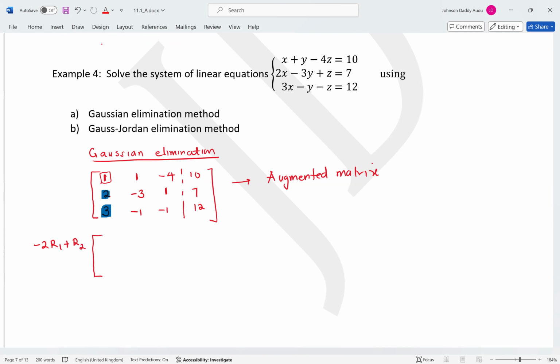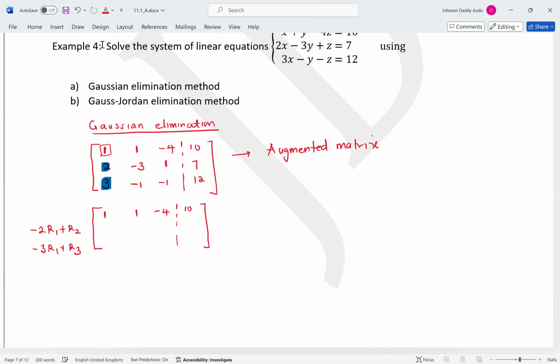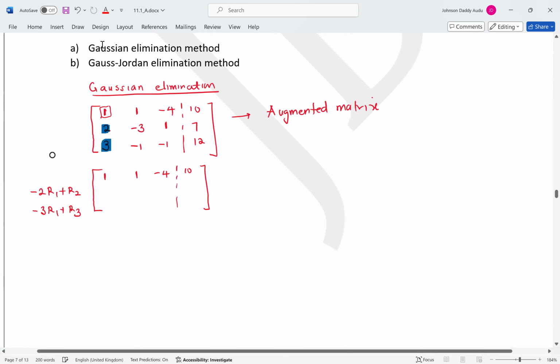Remember, row 1 remains the same, so let's keep it 1, 1, minus 4, and 10. Row 2 is minus 2R1 plus R2, and row 3 is minus 3R1 plus R3. So we will use this operation now.